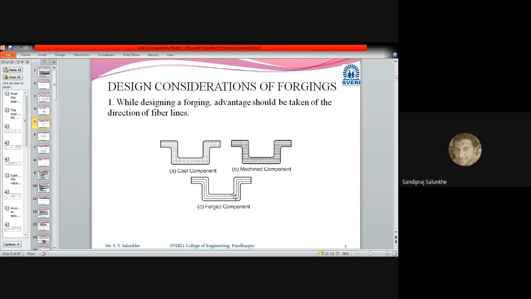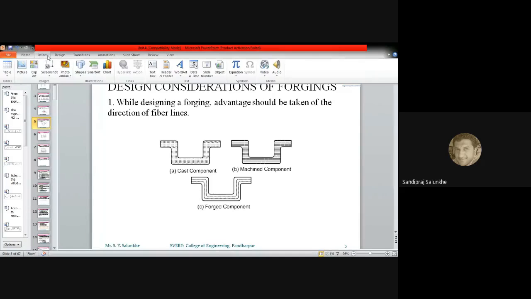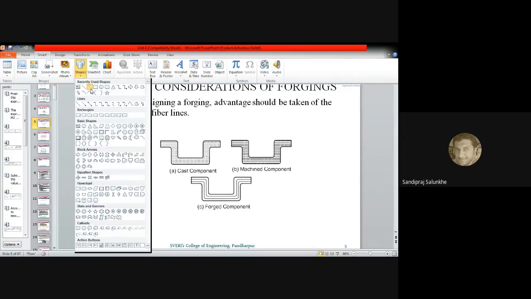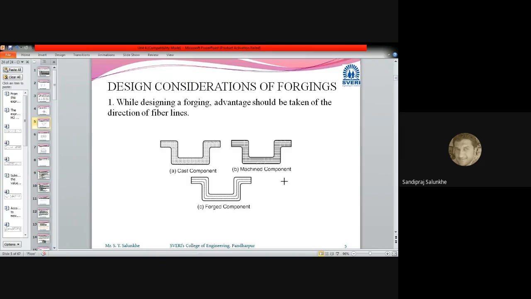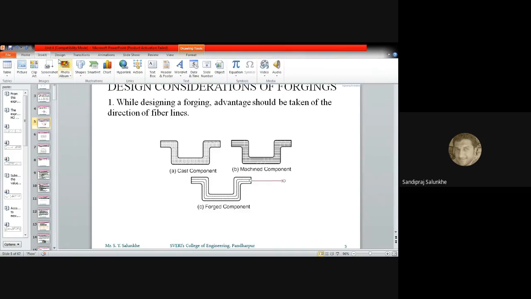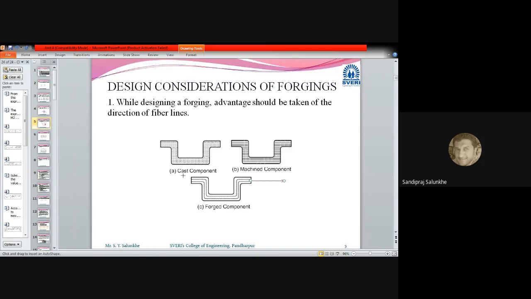While we forge that component, it will be stronger in case of tensile load. Okay, if the force is applied in this direction, like this, then it will be sustained by means of these lines.